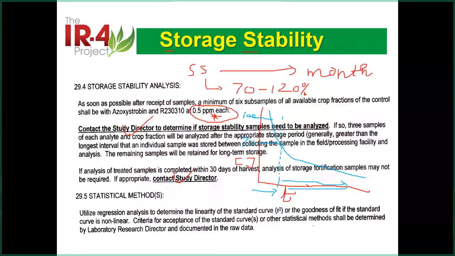Okay? So the study director should give you a very good sense of how you handle that. Most likely the companies did a lot of work. They make sure of your storage time, they will give you the time. The sample must be analyzed within how many months. So typically this point is no shorter than 24 months. That's typical.